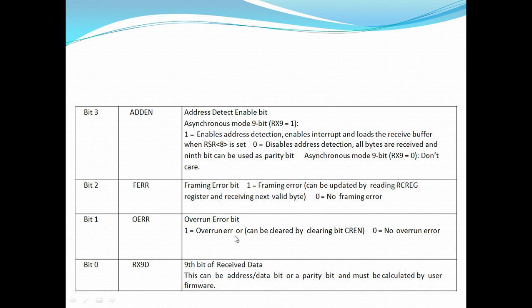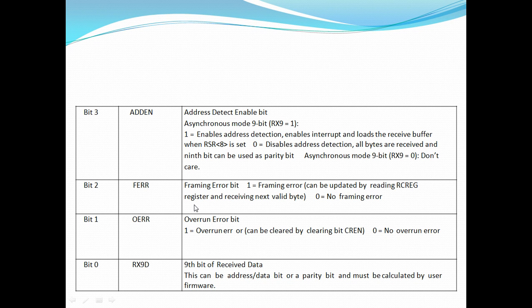You can assume that an overrun error occurred while receiving data. If 0, then no error is there in the reception of data. And this is again the ninth bit of reception, which can be used for 9-bit data transfer or reception mode.